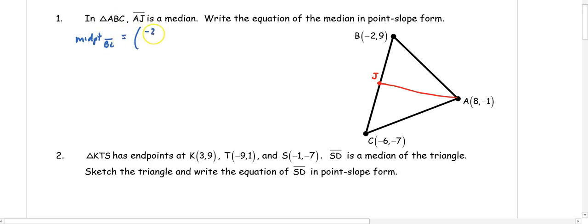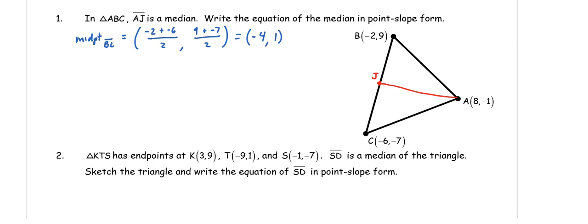So when I do that, I have -2 plus -6 over 2 and 9 plus -7 over 2. So when I find my midpoint, -2 plus -6 is -8, divided by 2 is -4. And then 9 plus -7 is 2, divided by 2 is 1. So I now have my midpoint.